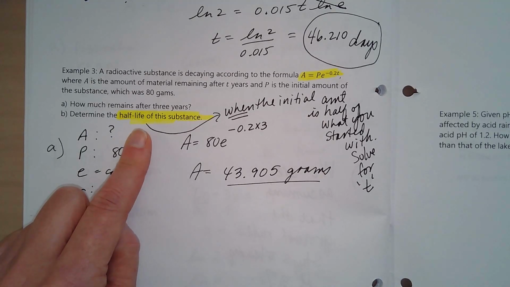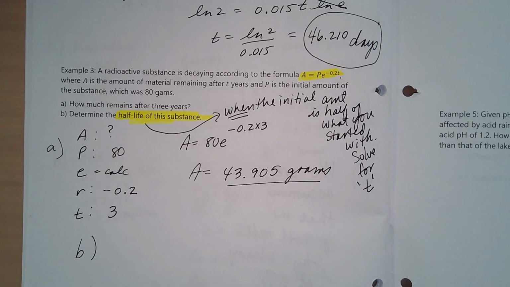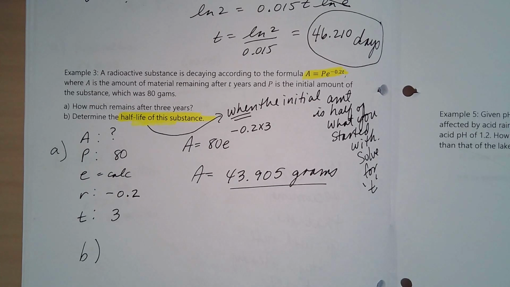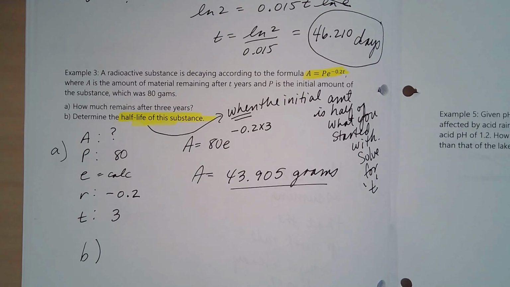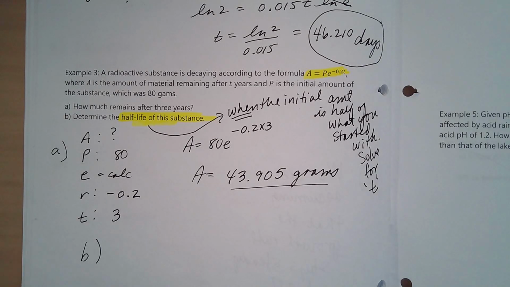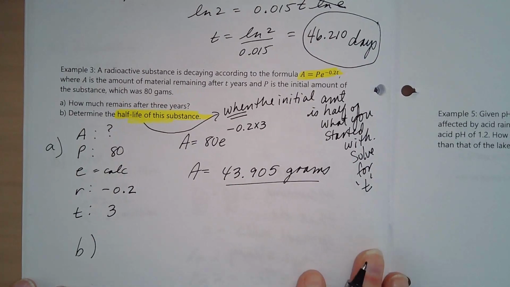So determine the half-life, you're solving for time, but the setup is the initial amount, and then when does the initial amount become half? I think the only time they use that term half-life is referring to chemical substances. If it was a population, they would say, when did the population die off to half of what it was? All right, so how do we set this up?